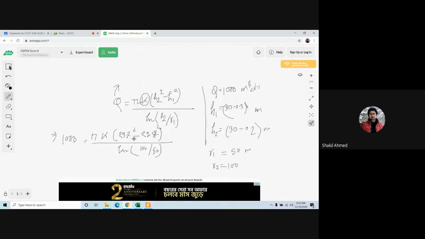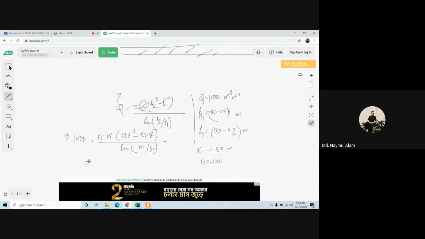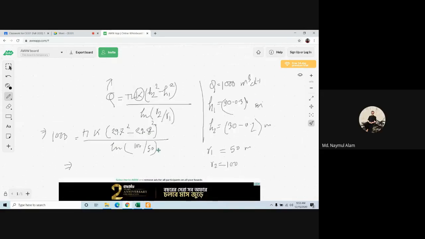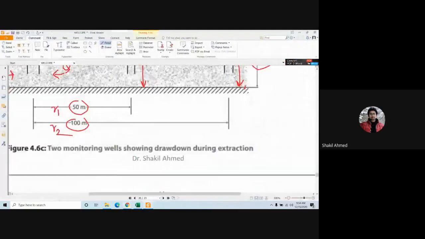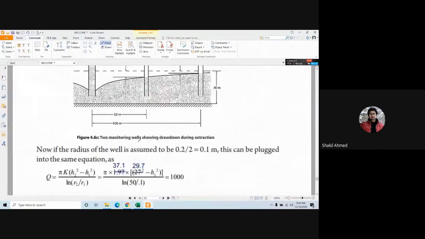Am I right? Shouldn't it be 29.8 square minus 29.7 square? I'm sorry. Yeah, you're right. So H2 minus H1, right? So 29.8 square minus 29.7 square. Although it will bring you the same thing, but it's okay. So calculate the value, please.